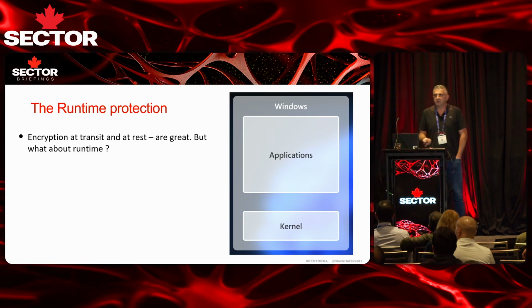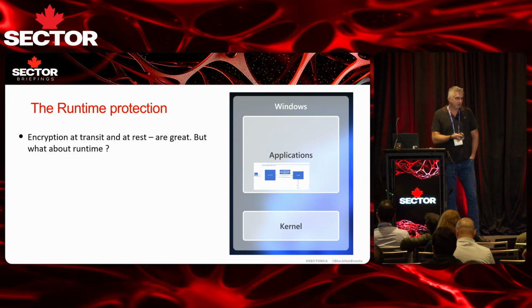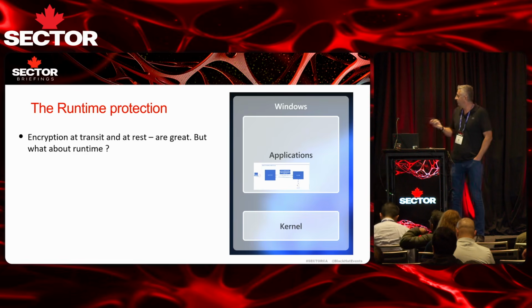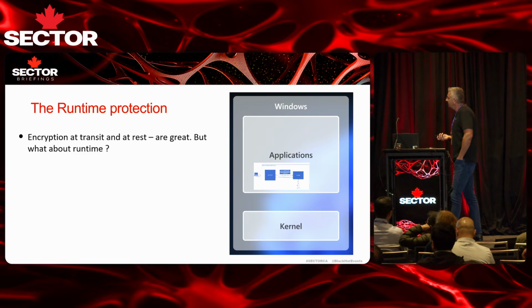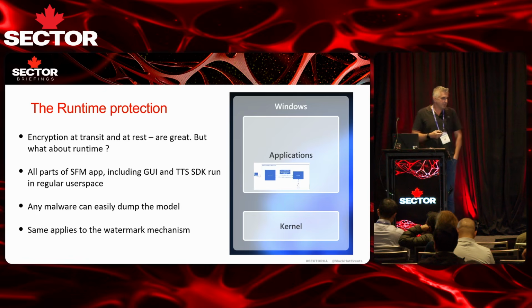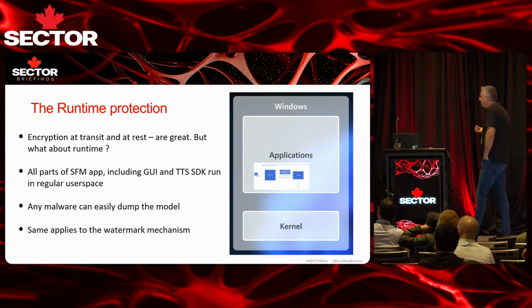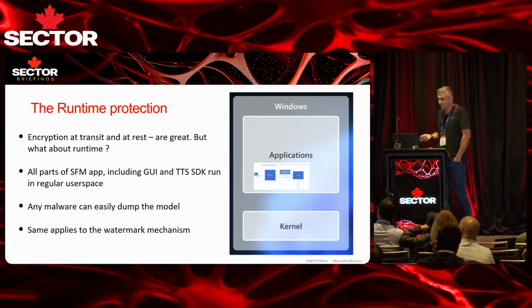And this framework will have to receive this model in a decrypted state. And in our case, this whole application, including all the SDKs it uses, runs just as a regular user application. So it means that any malware that runs on the same machine could simply dump this model from the memory at the time of the inference.